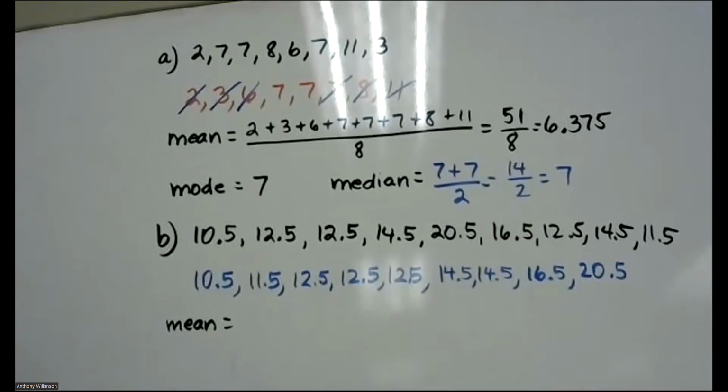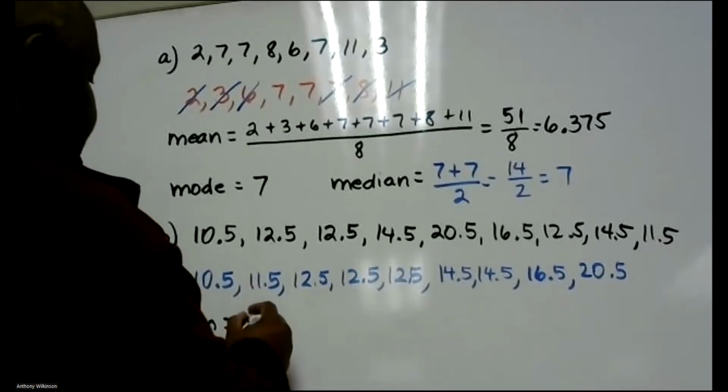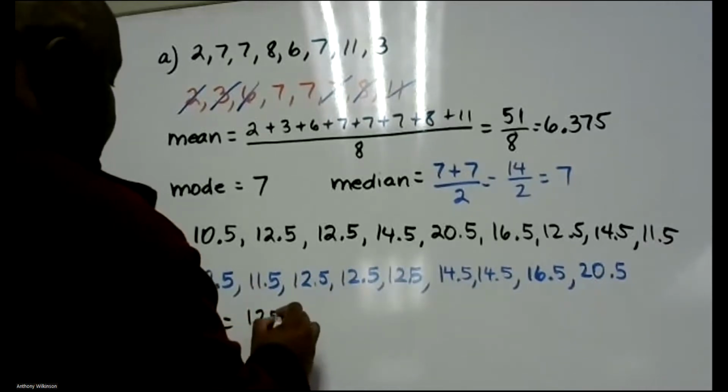And I'm not gonna write the whole thing out on the board. So it'd be 10.5 plus 11.5 plus 12.5 plus another 12.5 plus another 12.5 plus 14.5 plus 14.5 plus 16.5 plus 20.5. So I now have 125.5.